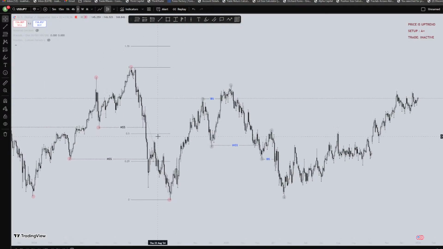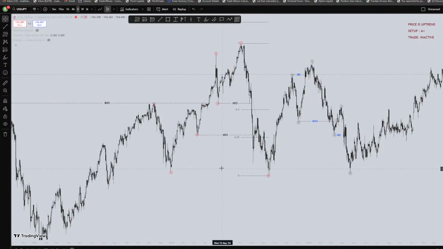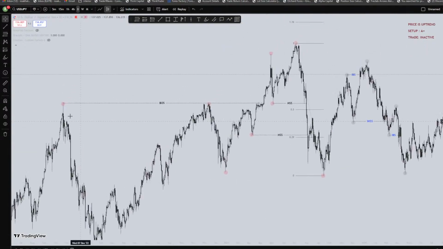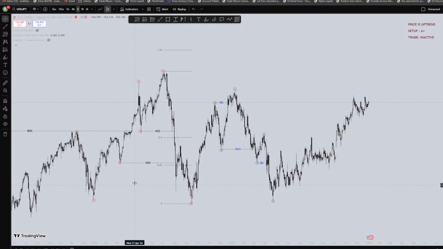This at the end, you could argue, but this didn't close above, so there's no market shift here. So price is still bullish on this, right?